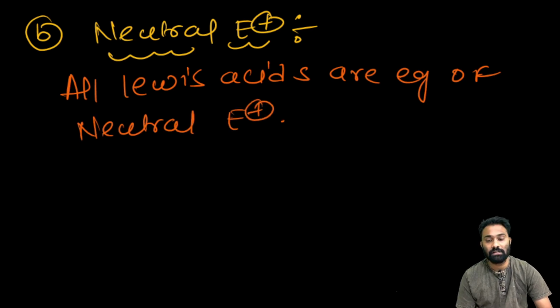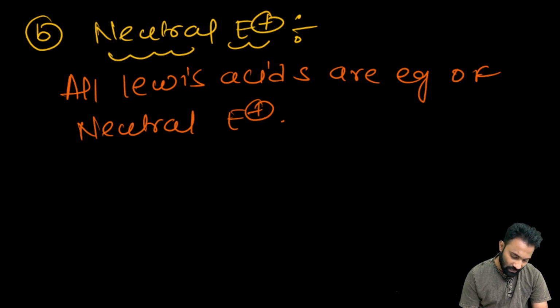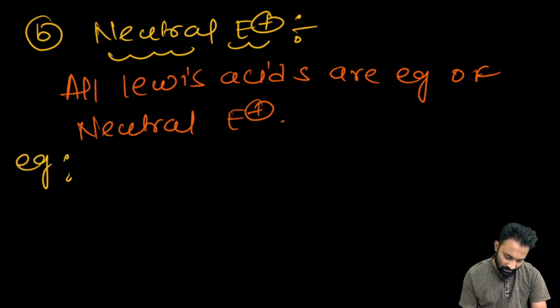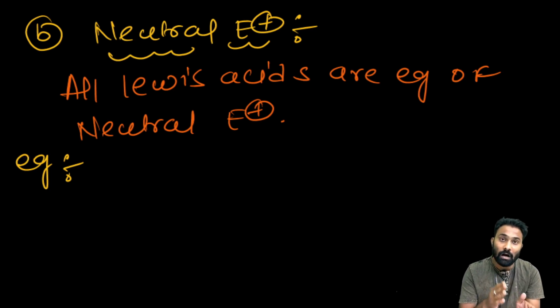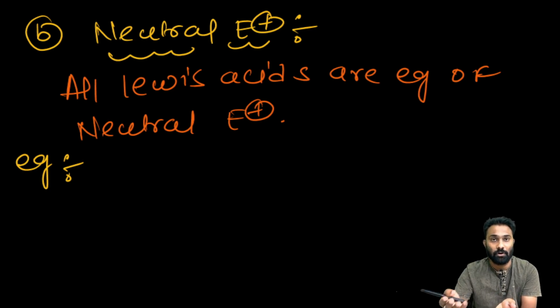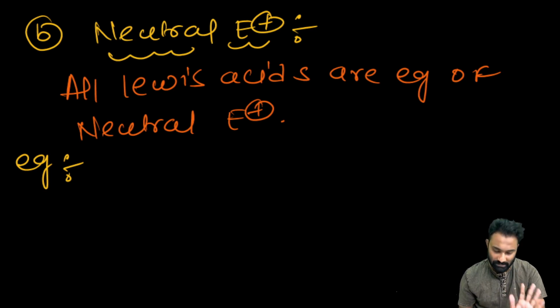Now, what are Lewis acids? Electron deficient or octet incomplete species, or octet excess species, are known as Lewis acids.